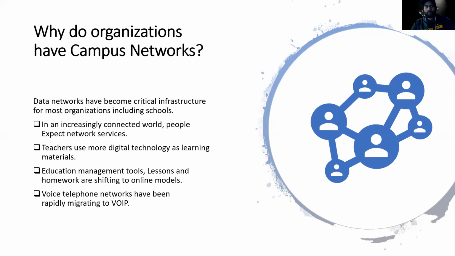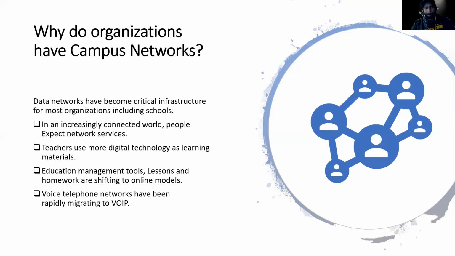Especially in educational institutions, lecturers and students use online services for educational purposes, and teachers use more digital technology as learning materials, and they use educational management tools and other websites which are connected to a campus network.